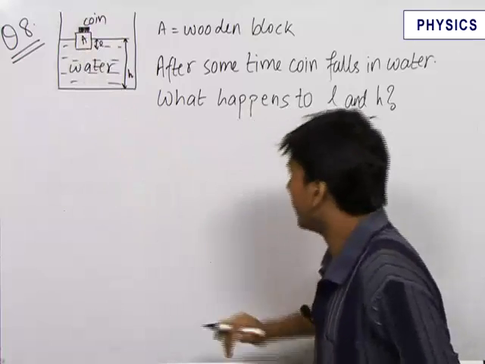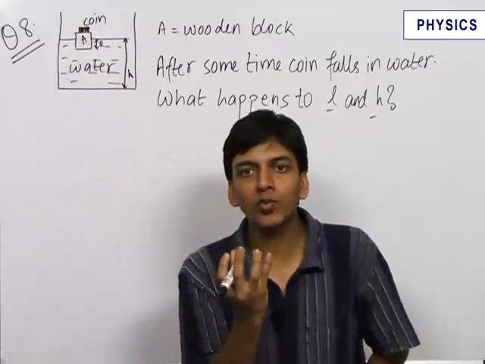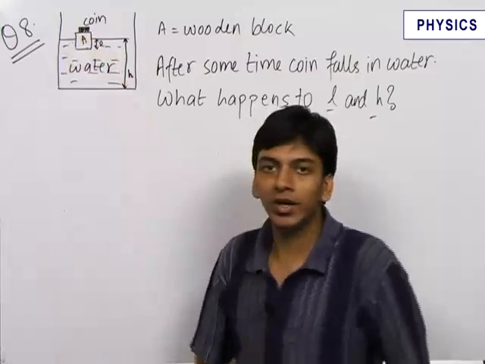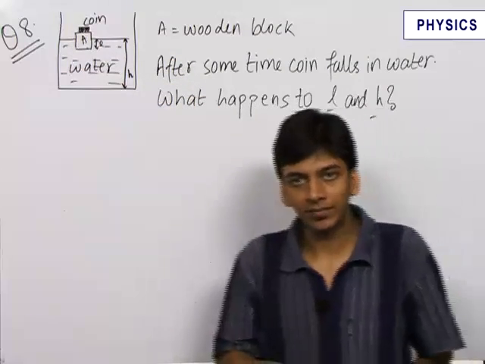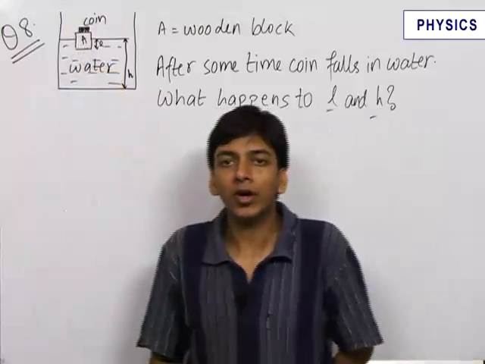Listen to me carefully again. Initially, this block A was displacing a volume of water whose weight was equal to the weight of A plus the weight of the coin. Now when the coin falls in the water, the block just has to balance its own weight by the buoyant force.